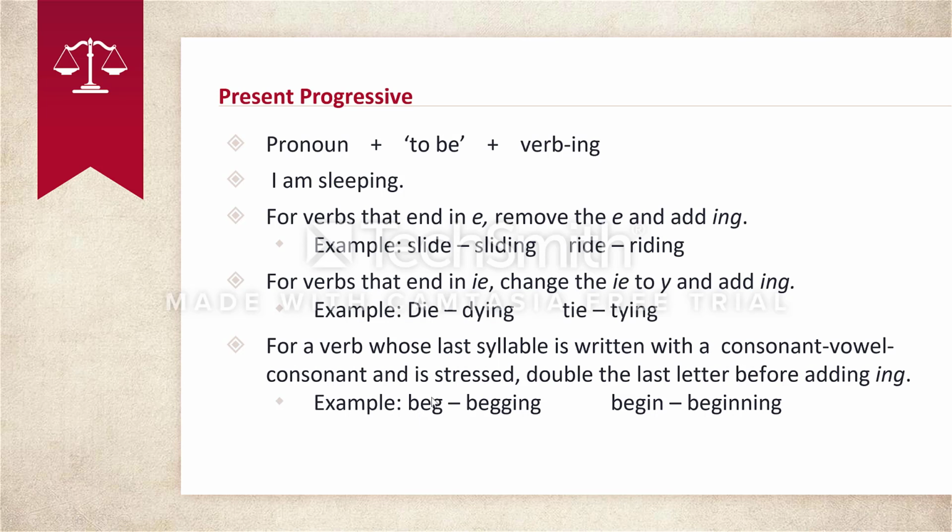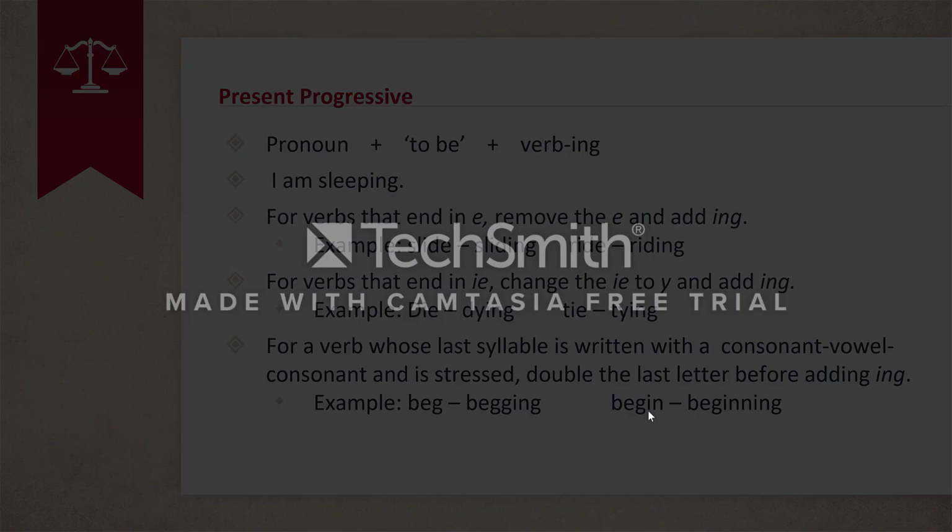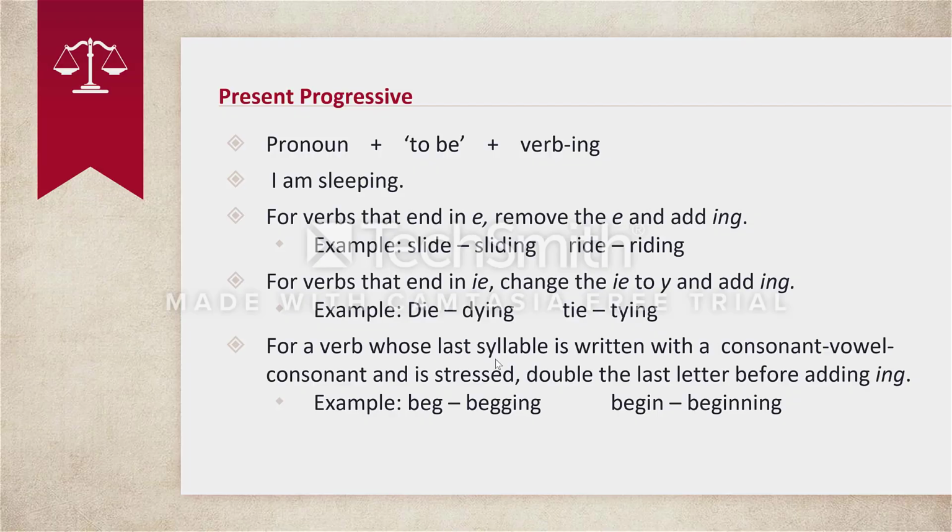So you have a consonant, and then a vowel, and then a consonant. The sound of the vowel is stressed, so we have to double the consonant, meaning that we will have two G's and then add on the "ing." So we get "begging." And in the second example, "begin." So we end with a consonant, vowel, consonant with emphasis on the I in "begin." So that's how we get "beginning" with a double N.